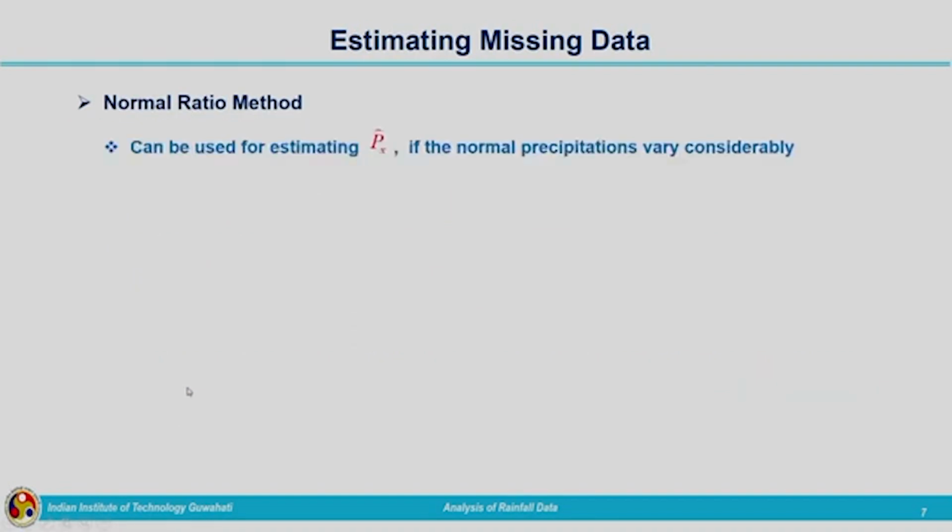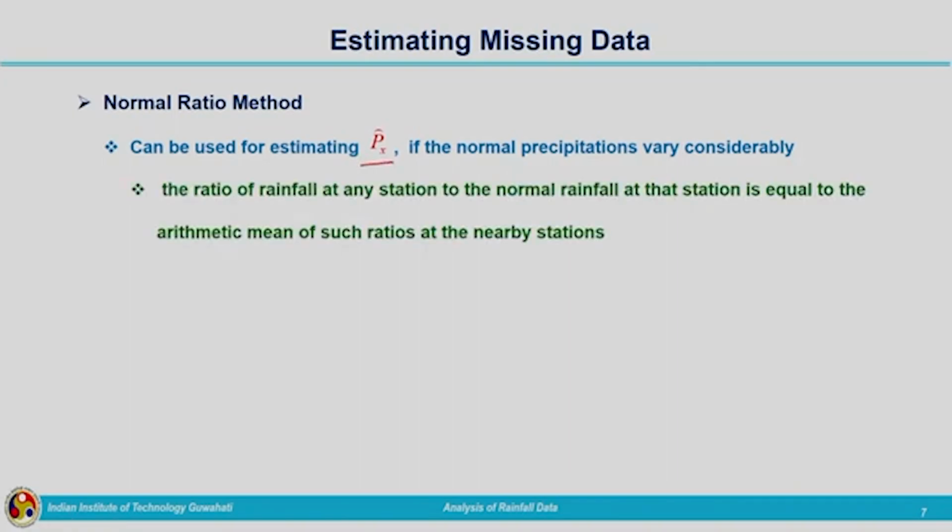So in this method, again we assume the missing data as Px cap, and we calculate the normal precipitation for that particular station. Then the ratio of rainfall at any station to the normal rainfall at that station is equal to the arithmetic mean of such ratios at the nearby stations.